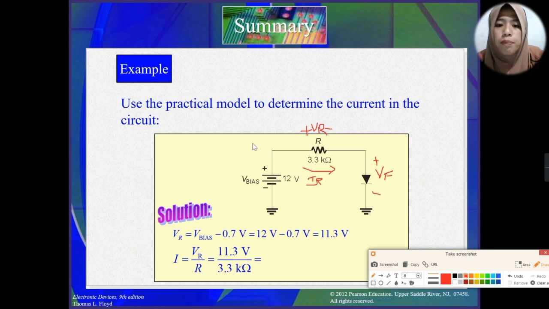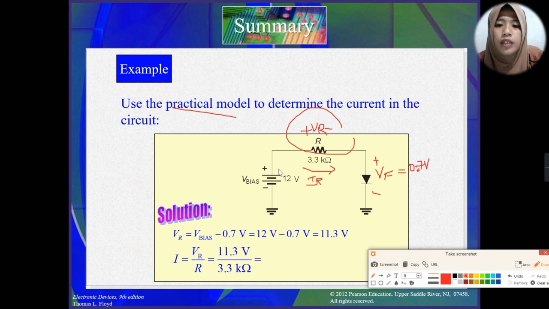So, para makuha natin yan is ikakalculate muna natin yung value natin for the VR. Again, for this V sub F, sa practical model, ang forward bias is equivalent yan sa 0.7 volt. So, ang hanapin muna natin is itong VR. Para mahanap natin itong voltage resistor is we're going to use KVL.